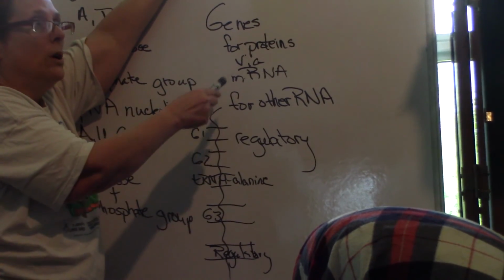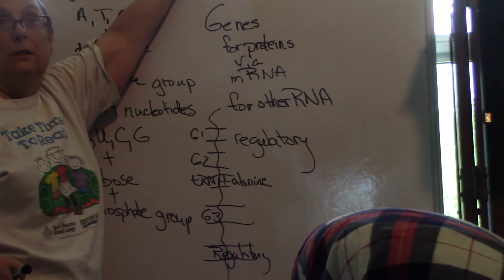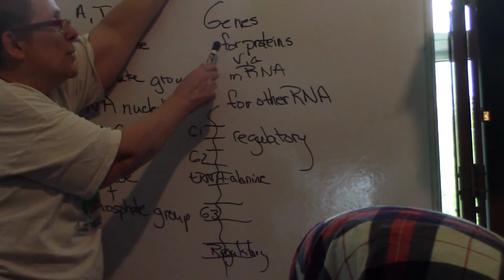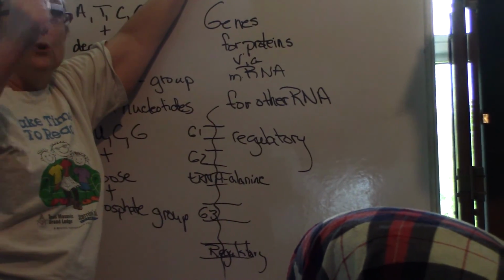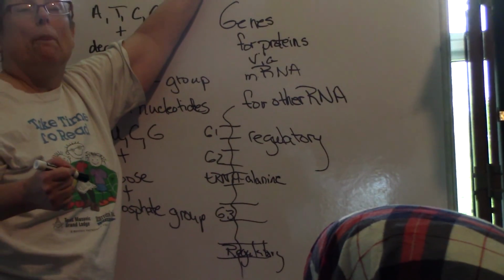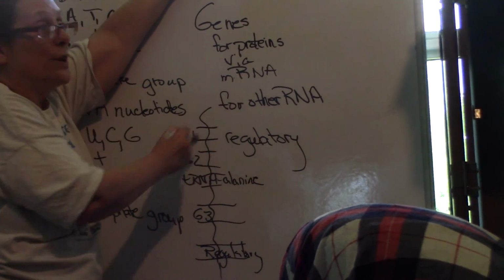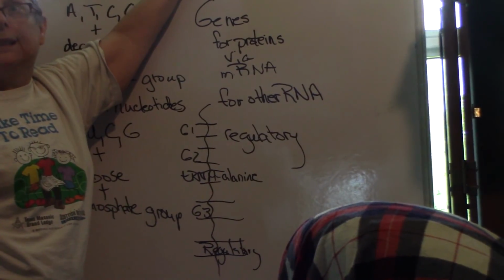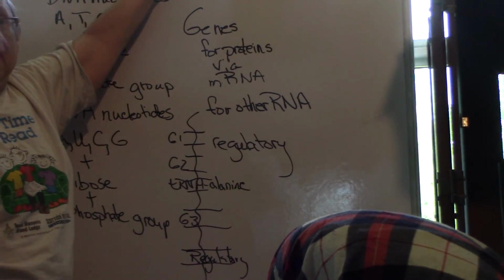Okay, so the genes themselves along a given double helix, some are for proteins, and what will happen is the transcript will be a messenger RNA or mRNA transcript that is translated. Some of them are for the other RNAs.